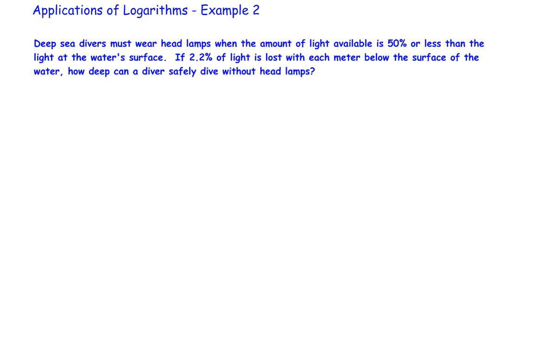And they're saying that they lose approximately 2.2% of light every meter that you descend below the surface of the water. So basically, the question's asking how far down are you allowed to dive before you have to wear a headlamp? In other words, how far down can you dive until there's 50% the light that would normally be available at the surface of the water?